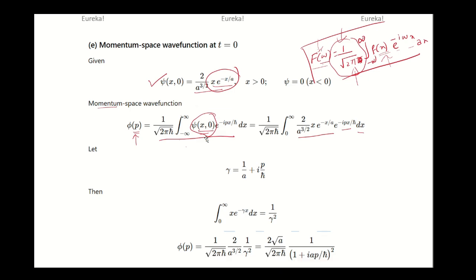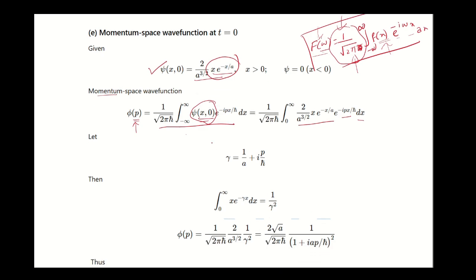Then if we rearrange this exponential term, it will be e to the power minus x, with x common, times 1 divided by a plus iota p by h cross.